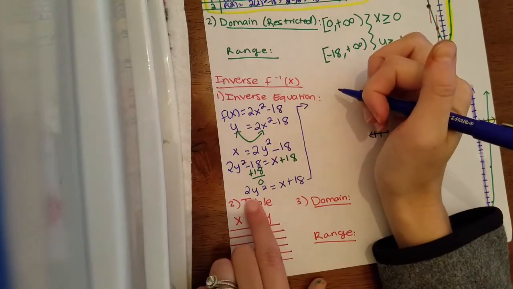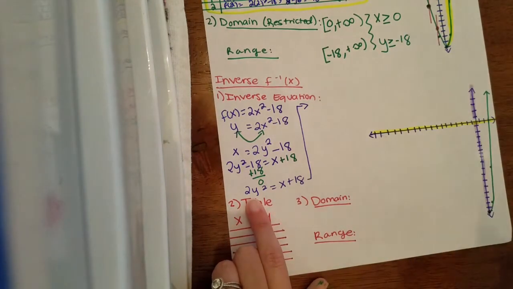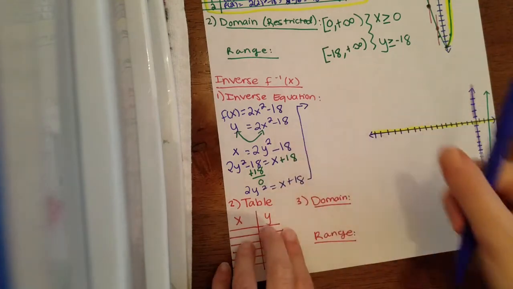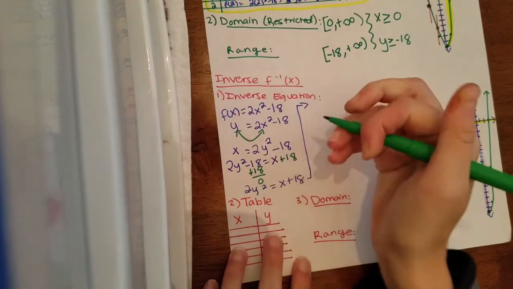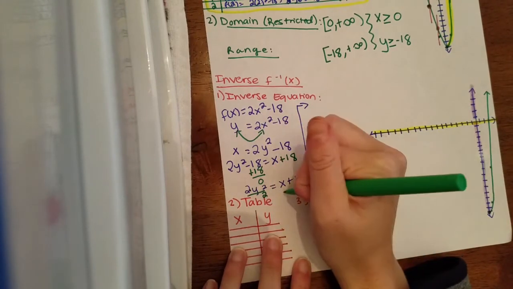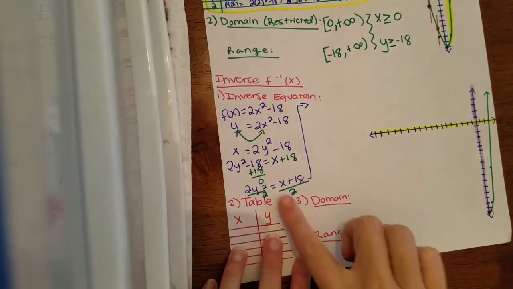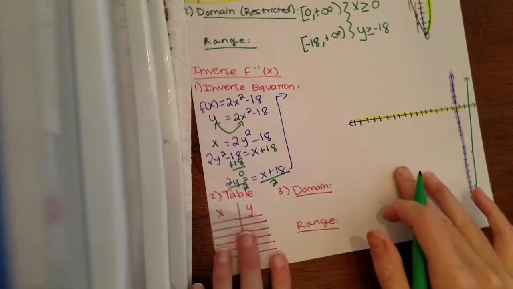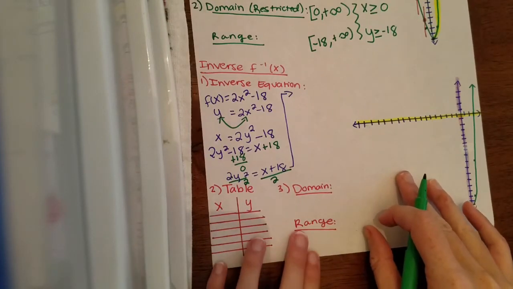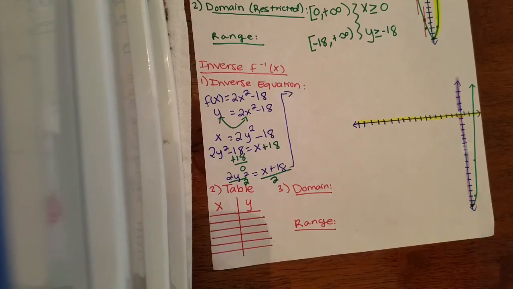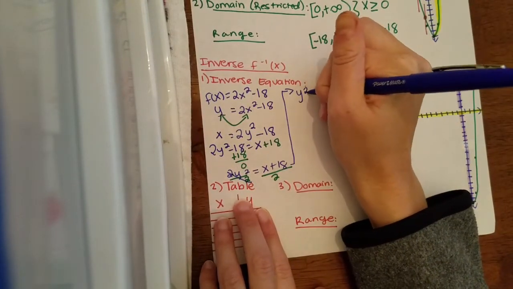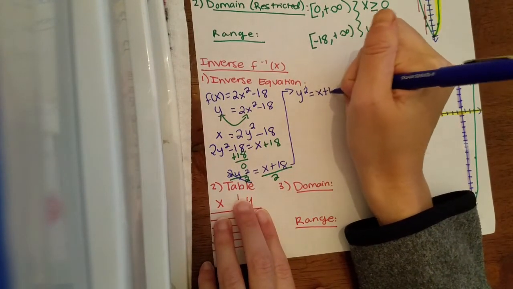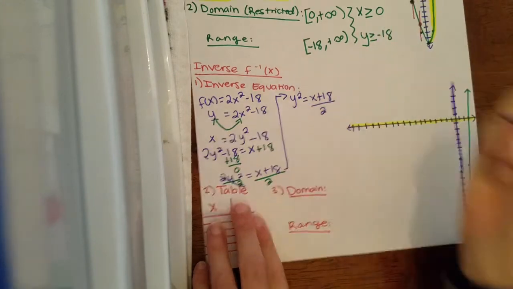Now currently the 2 is getting in the way. The 2 is secretly multiplying the y, so to move it over, we divide both sides by 2. And remember, you have to divide the entire side by 2. You don't get to pick and choose what you divide by. The 2's cancel, so you're left with y squared equals x plus 18 all over 2.